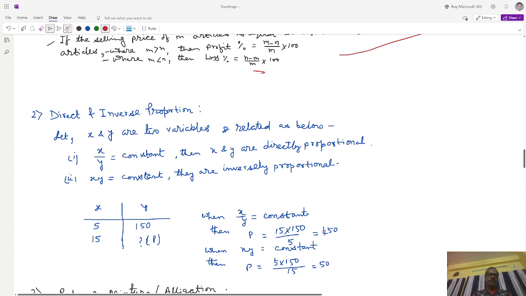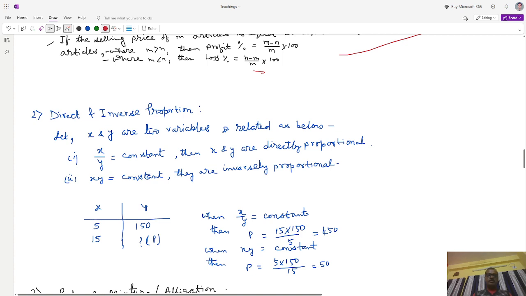With the increase of x, y should increase to keep their ratio x by y equal to a constant. Okay, this is the direct proportion. If x into y equals a constant, then they are inversely proportional.